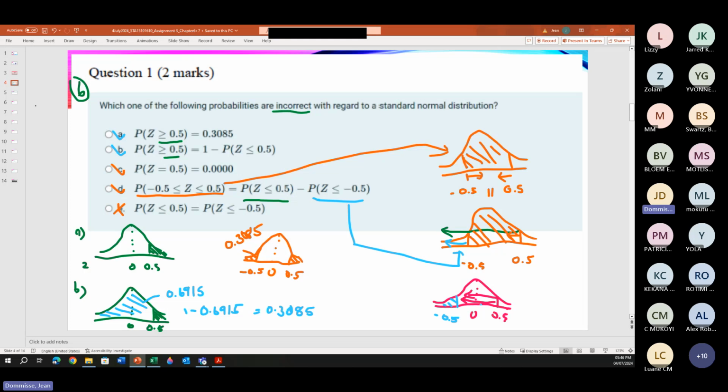It would be different if the question was the probability of Z bigger or equal to 0.5 is equal to the probability of Z smaller or equal to minus 0.5, sorry. So then you would have had this example where that Z is this component.